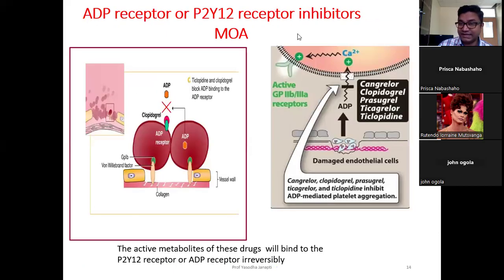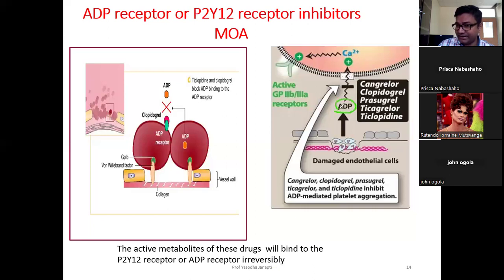Now you can see it in this diagram. Our drugs prevent ADP from binding to its receptor. Let me tell the normal function.